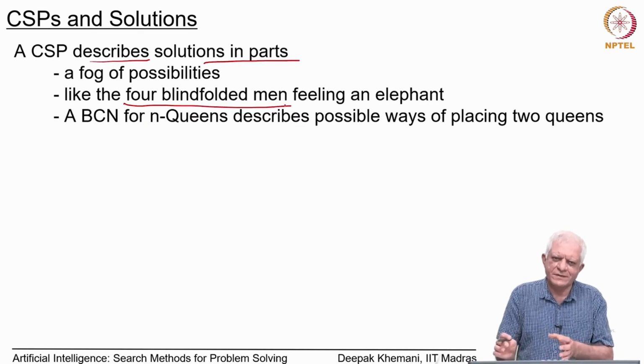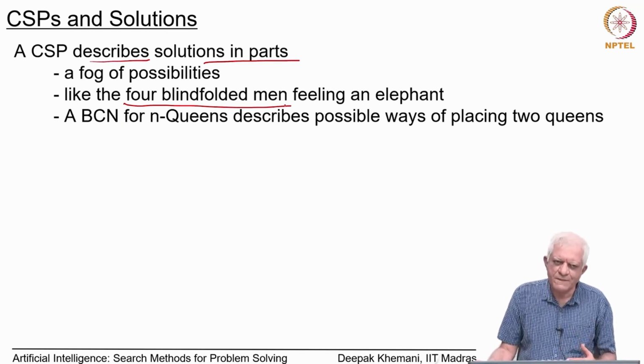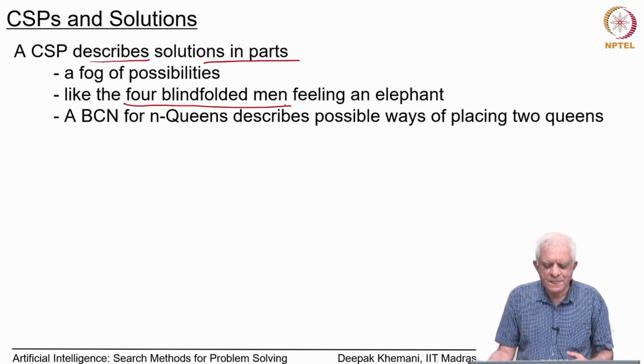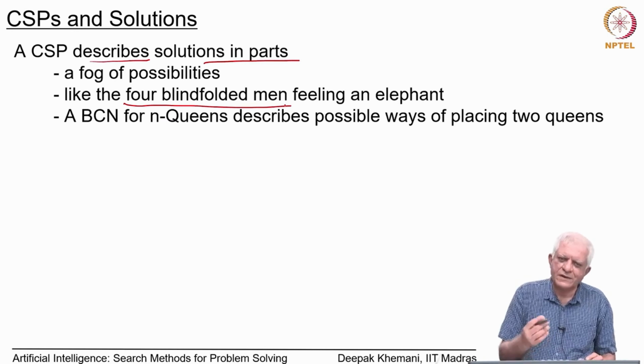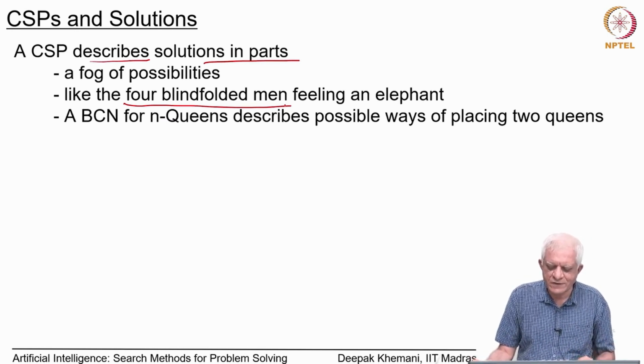Somebody senses the leg, somebody senses the tail, somebody senses the trunk, somebody senses the tusk, and so on. But they each have knowledge or information about a part of the solution, and of course, they want to figure out what it is that they are all looking at.